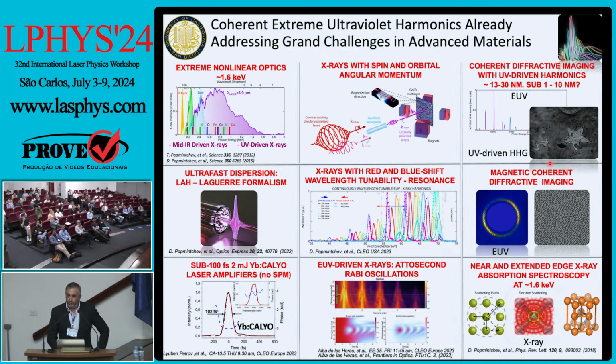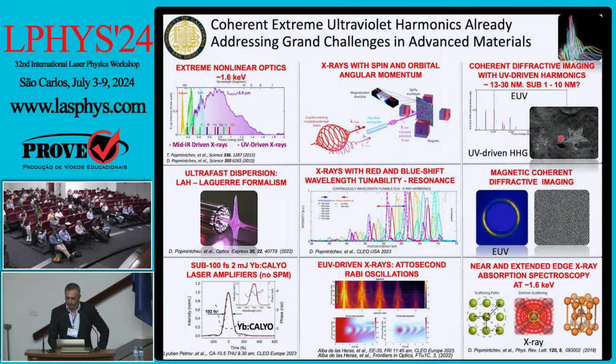So just to give you an idea what we can do nowadays in the labs, in the extreme ultraviolet region of the spectrum, we can achieve near wavelength resolution when we image surfaces.